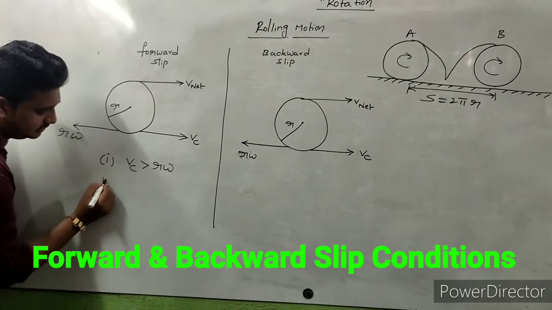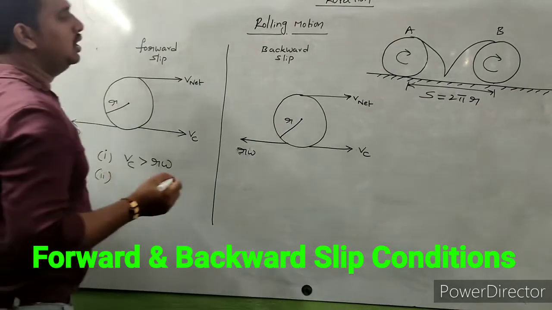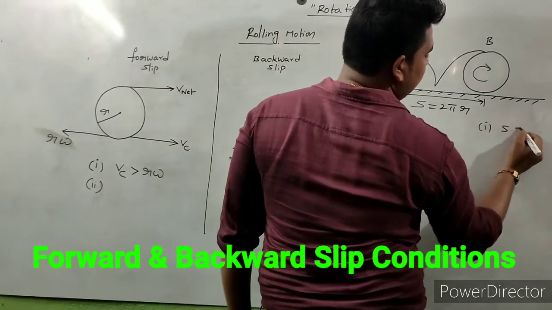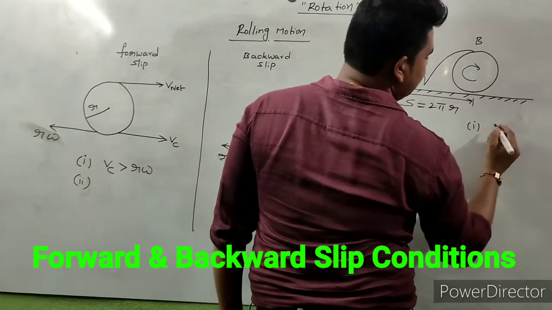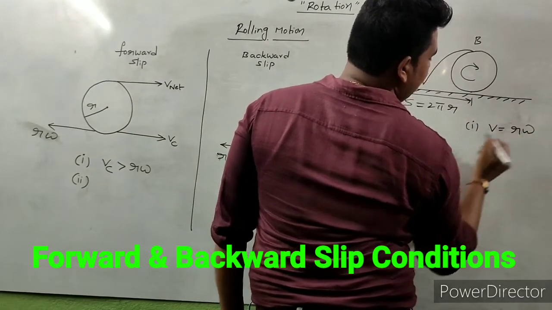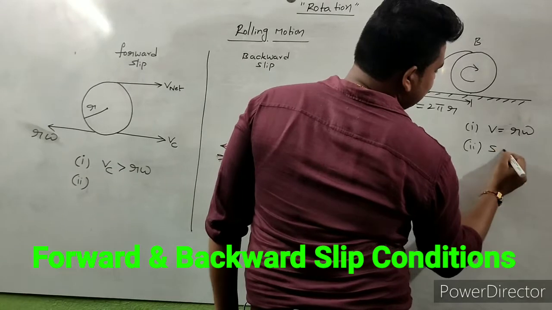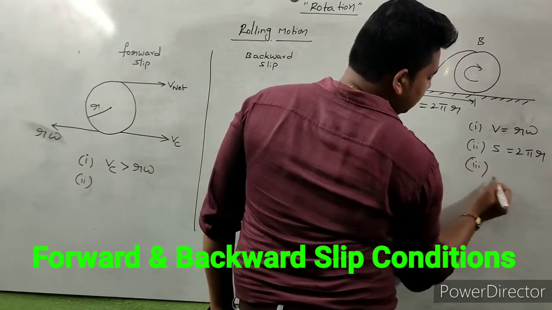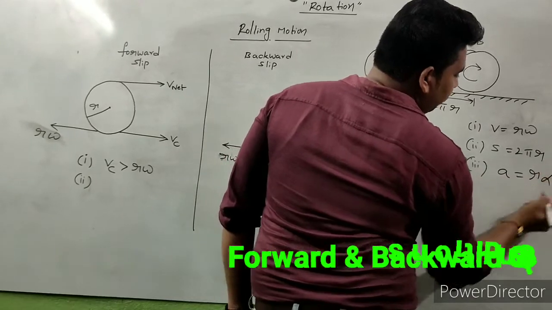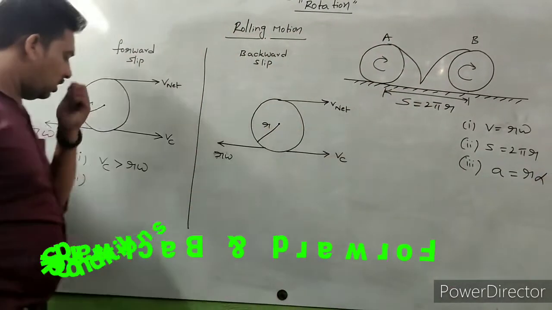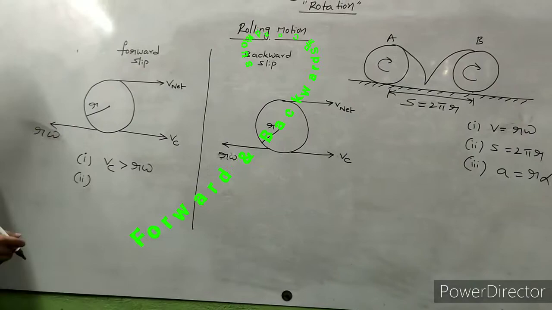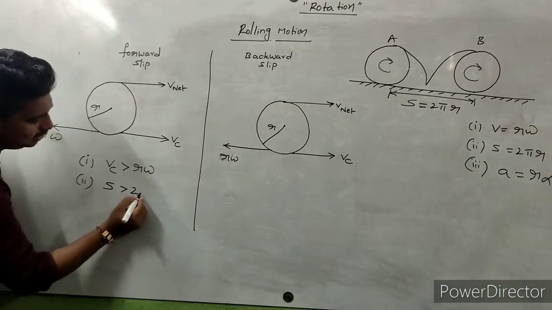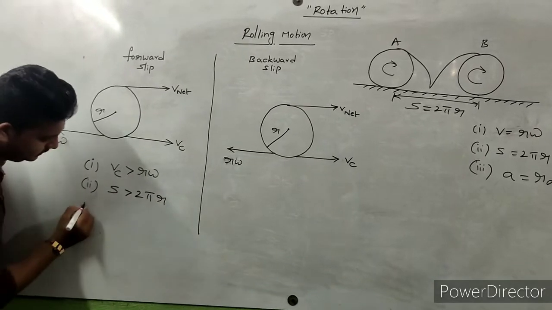This is the first condition. So we know three formulas: first, V is equal to r omega; second, S is equal to 2 pi r; third, a is equal to r alpha. These three formulas are now helpful. The second condition is S is greater than 2 pi r for forward slip.